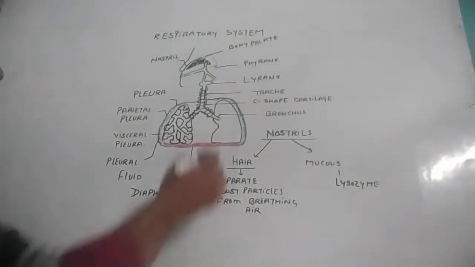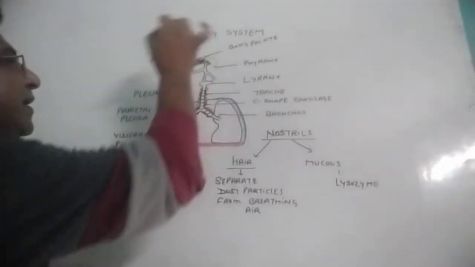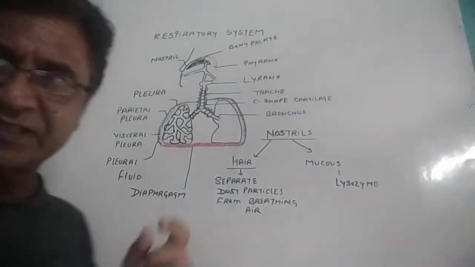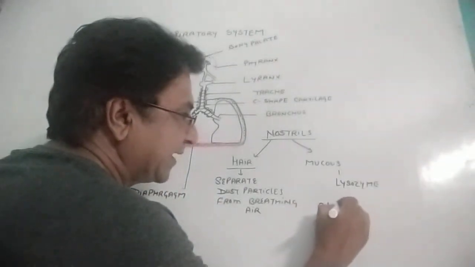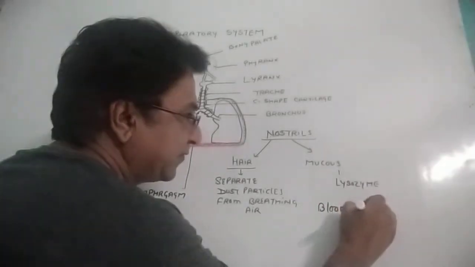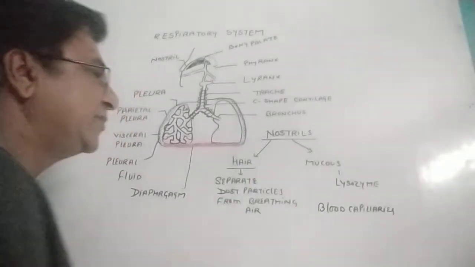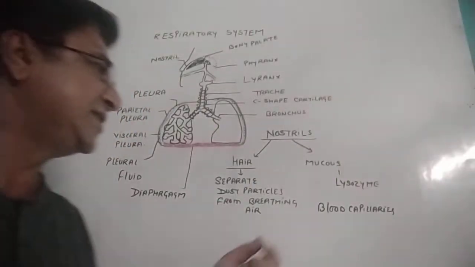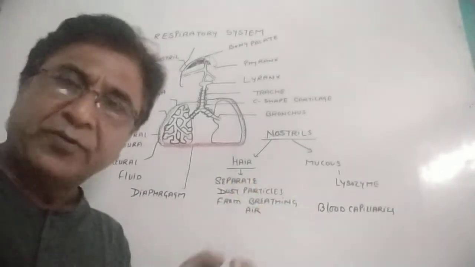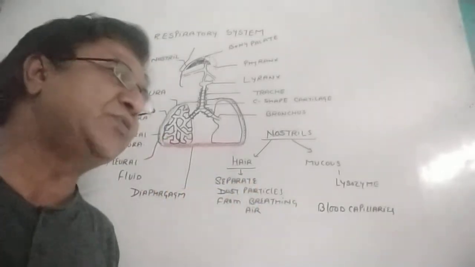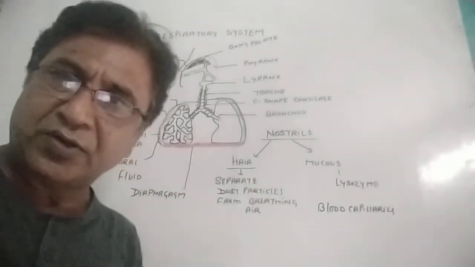You see, in the nostrils and the posterior pharynx part, there are also a lot of blood capillaries present. What is the function of these blood capillaries? They start from the posterior end of the nostrils and lead to the pharynx. Now, suppose the season is very cold, so cold air will enter the nostrils.